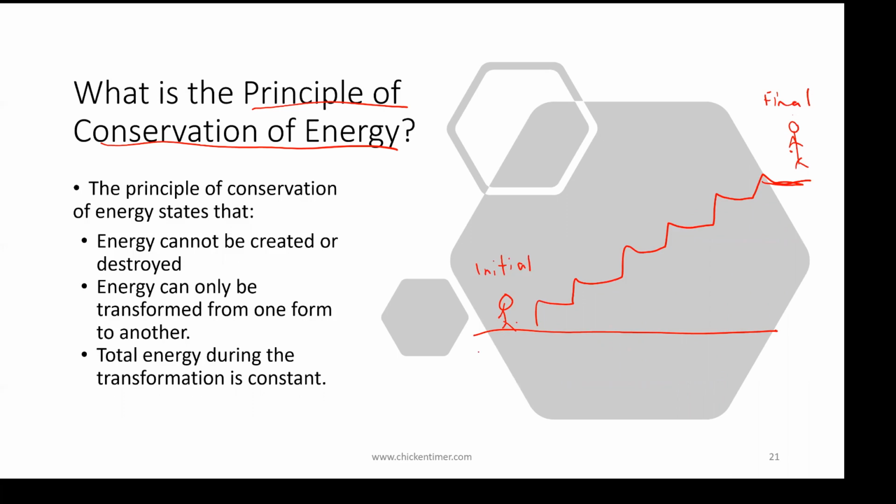He has eaten lunch, and then he's going to climb the steps. He probably ate a pack of chicken rice. So rice is stored energy, and he has chemical potential energy within himself.